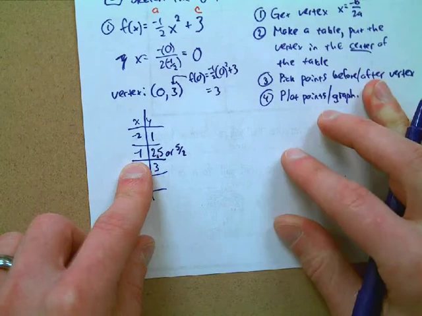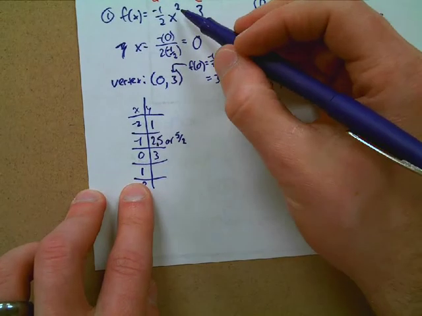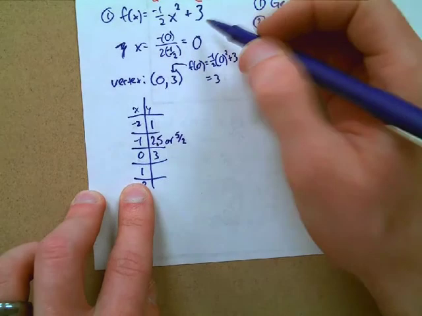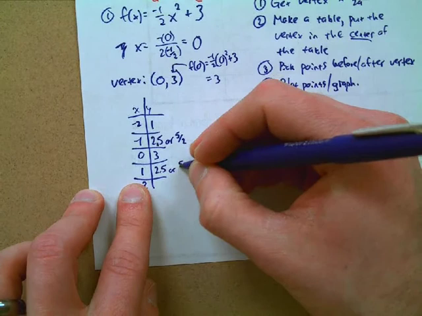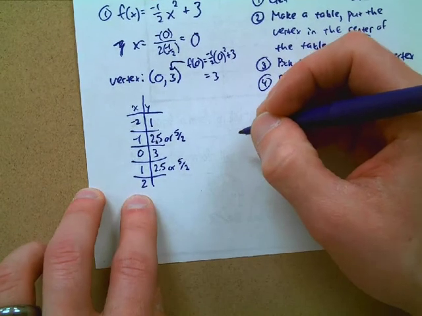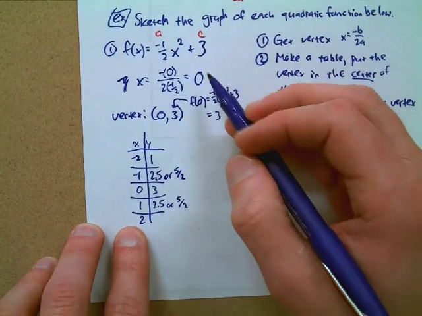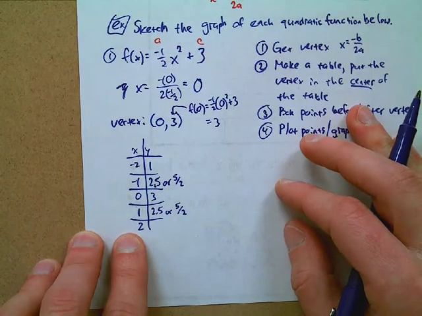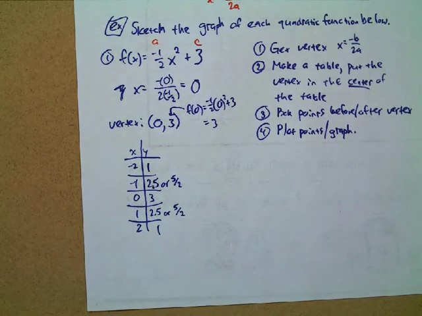Plug in 1. 1 squared is 1, times -1/2 is -1/2, plus 3 is, again, 2.5 or 5 halves. And then plug in 2, and what do you get? 1. Questions on any of that?